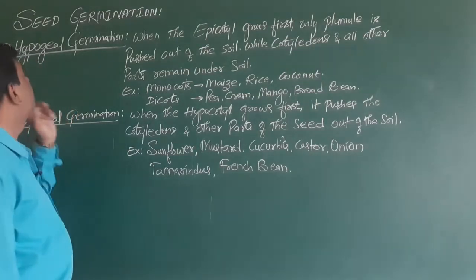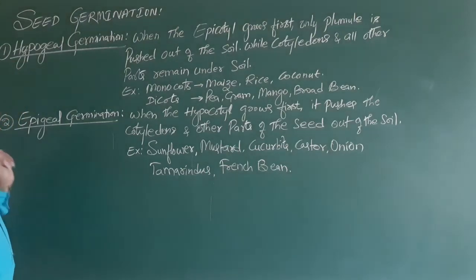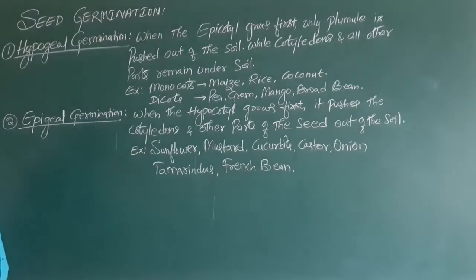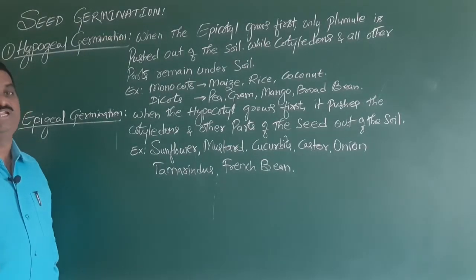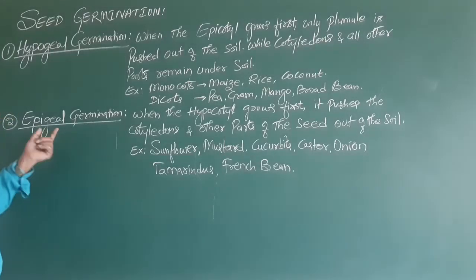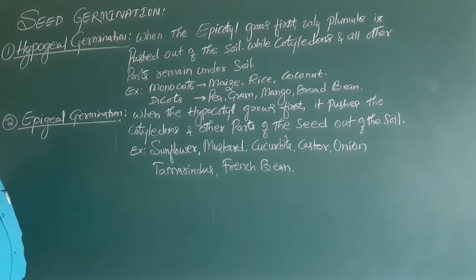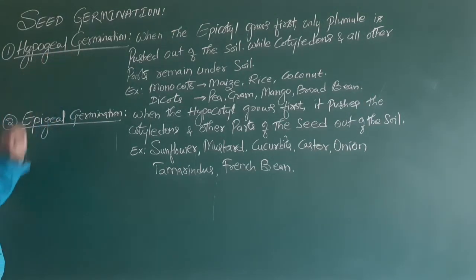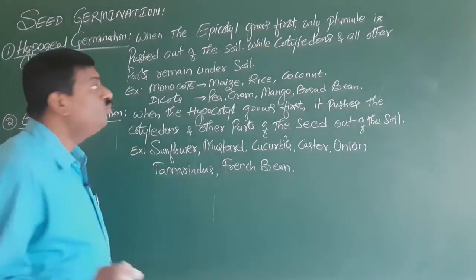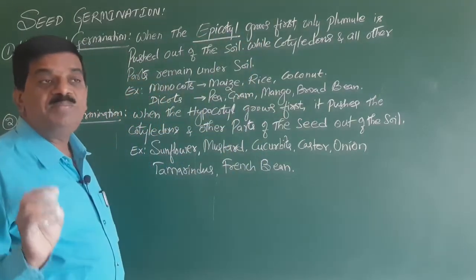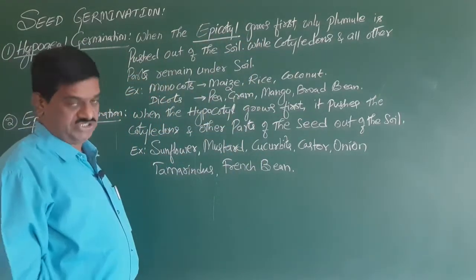So we start with the next study called seed germination. In seed germination, there are two types: one is called hypogeal germination and the other is called epigeal germination. When we start with hypogeal germination, the epicotyl grows first.